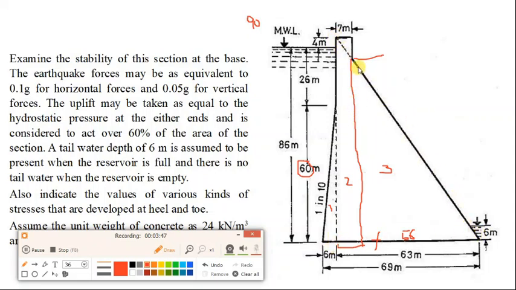We can see that this slope is joined with the top of this. It means that the slope of this downstream face is uniform.